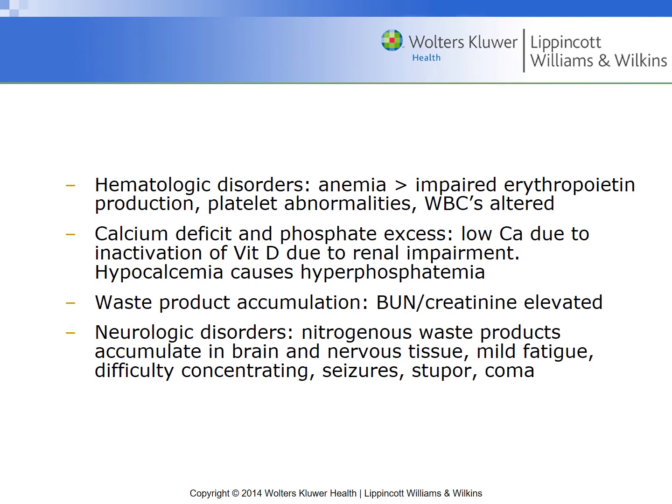That can occur with nephrotoxic agents, burns, traumatic injuries, and that kind of thing. That's why we have to look at the whole picture of patients. Also, neurological disorders: waste can accumulate in the brain and nervous tissue and cause seizures, stupor, coma, and difficulty concentrating.